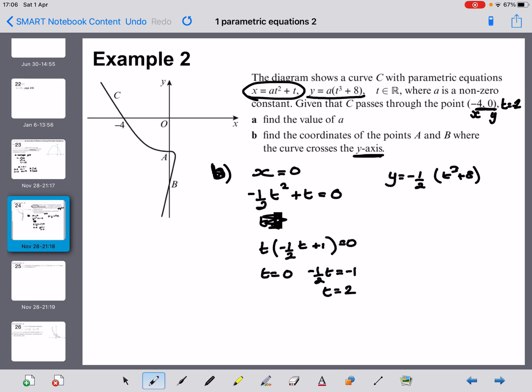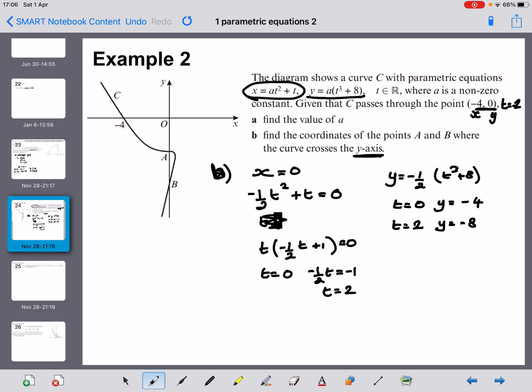So if I put t 0 in, I will get y is negative a half times 8, which is negative 4. And if I put 2 in, I'll get y is negative a half times 2 cubed plus 8. 2 cubed plus 8 is 16, times negative a half is minus 8.